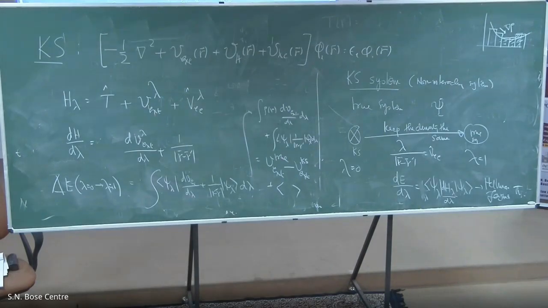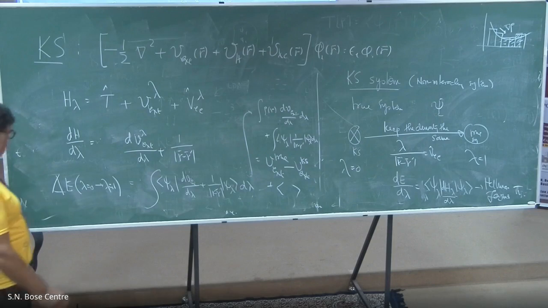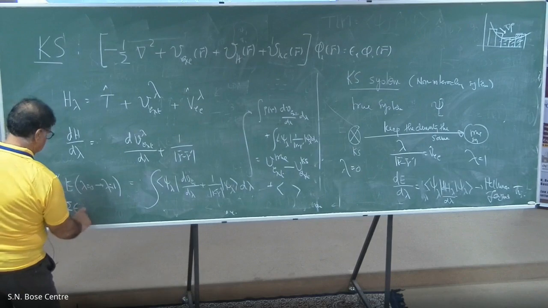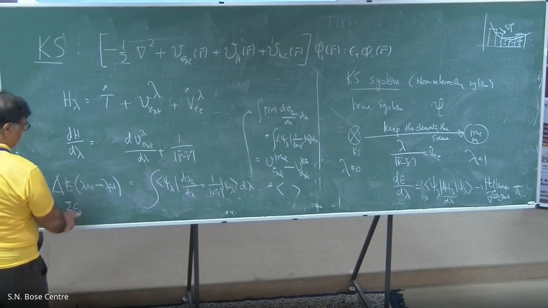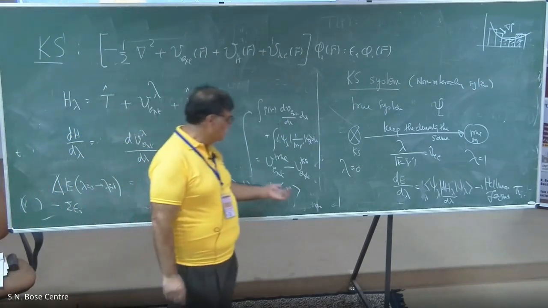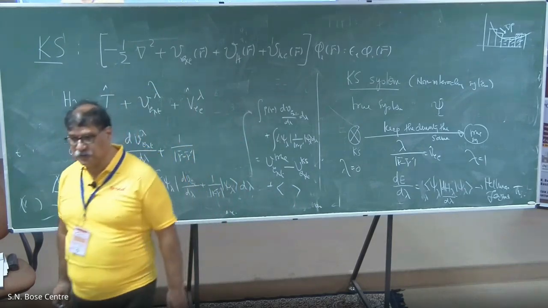So this defines the exchange correlation potential, the exchange correlation energy, because this delta E is going to be how much? It's going to be the summation of epsilon I, which is what the own channel is, right? And the true energy minus this. So through this, you can actually define the exchange correlation function.